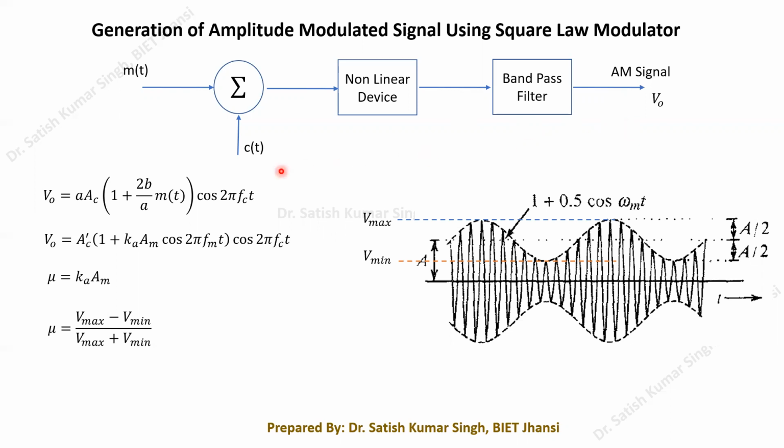In theory, you can find these expressions. If you go through the theory of amplitude modulated signal generation using the square law modulator, you will find the mathematical expressions, and ultimately you find that this V output signal will take this form. V output will be equal to A c (1 + 2b/a m(t)) cos 2 pi f c t.